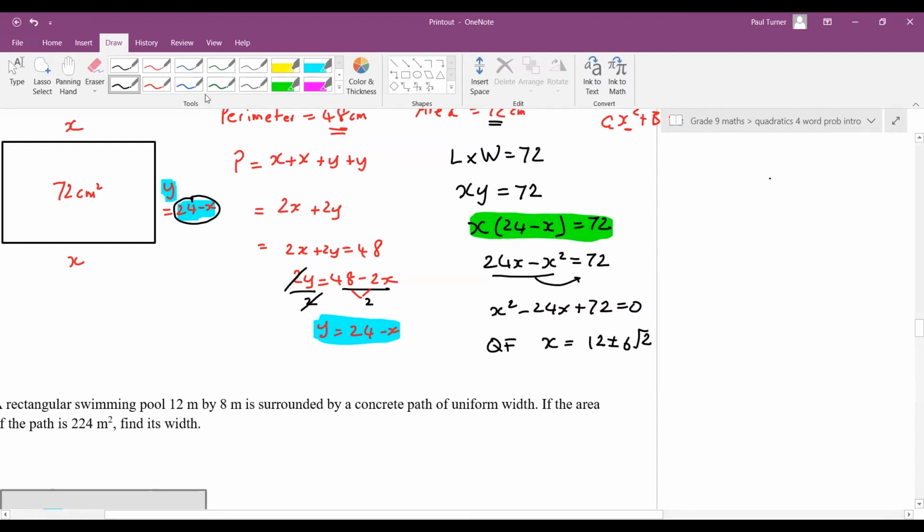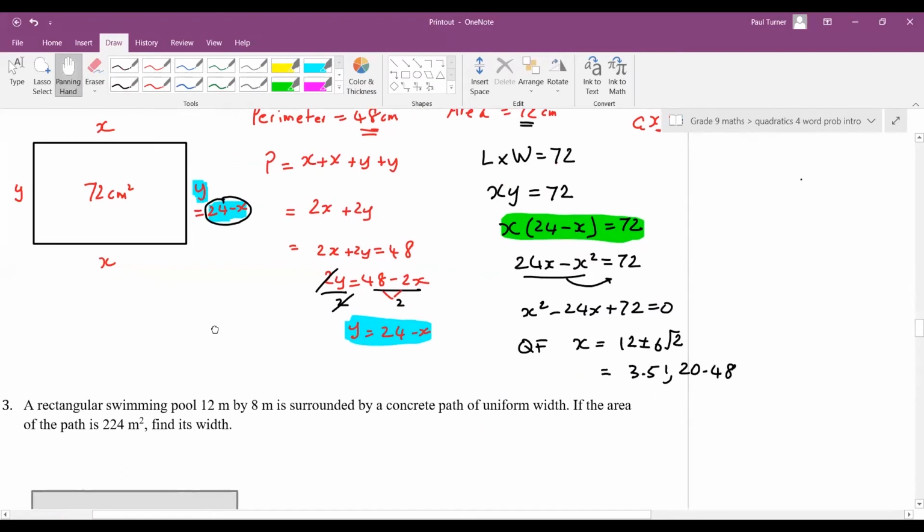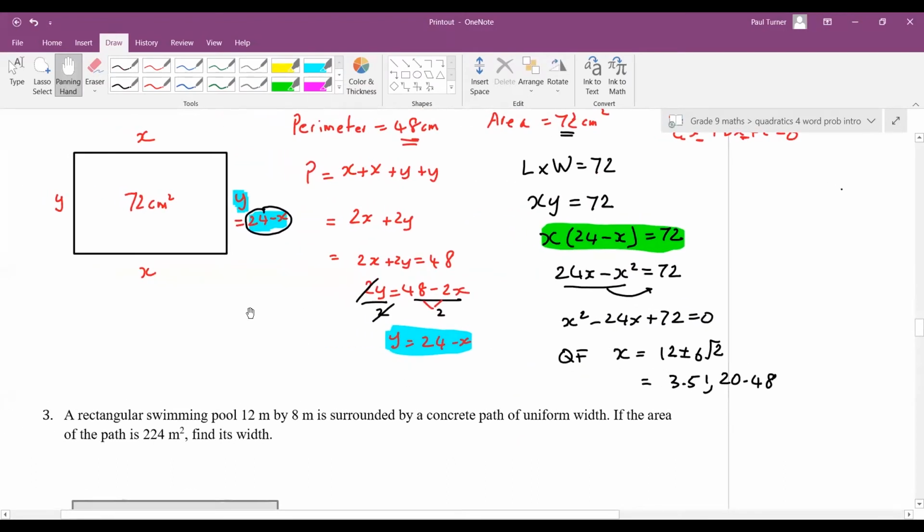Okay, but that's going to give you two particular numbers, which will be 3.51 and 20.48, like that. So in this case, we have two particular numbers that could work.